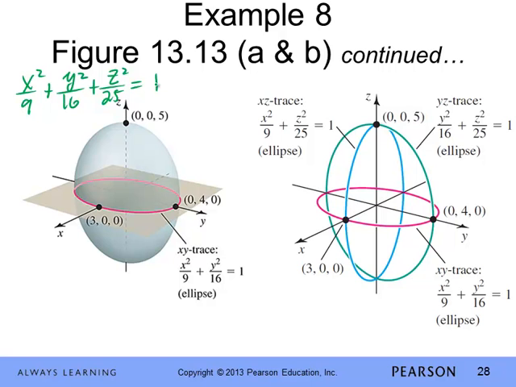If you set x equal to 0, you got this ellipse right here in the YZ plane, which is the green ellipse. You got the blue ellipse here in the XZ plane, where you set the y coordinate equal to 0. So notice how after you created the three traces, you got the general shape of the surface, and then you can go ahead and put the skin on it, so to speak.